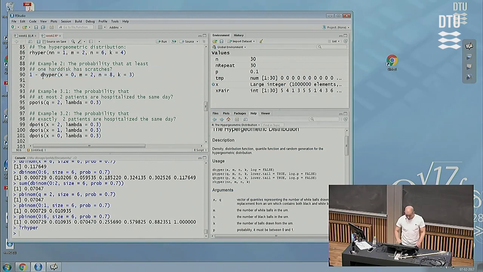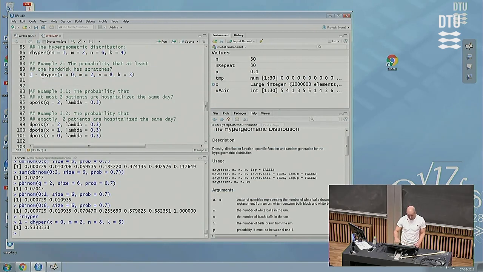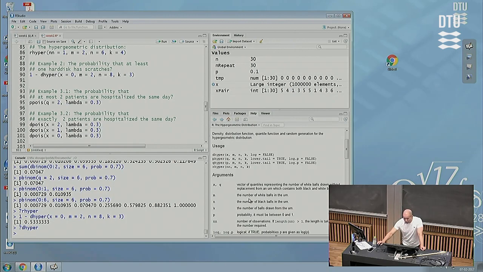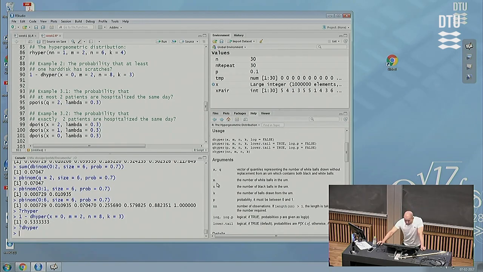Here is the same probability in R, and please remember, if you're in doubt about the options in a function, I mentioned that already, go question mark R hyper or D hyper. And even though I know it's small for you there, when you sit with your own computer, you can read what the M is, the number of scratches, the N is the number of corrects, or as here called white and black balls.